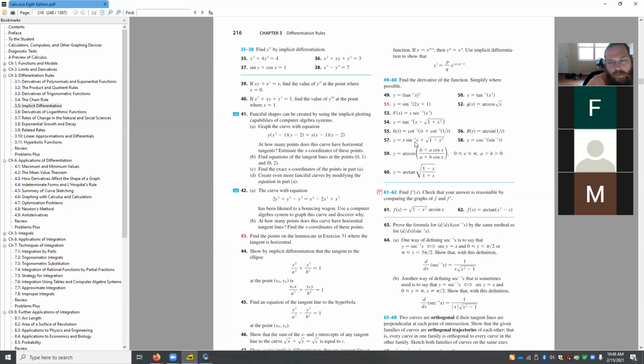Let's find y prime for the expression x times inverse sine of x plus the square root of 1 minus x squared. So this will be our last example for today.